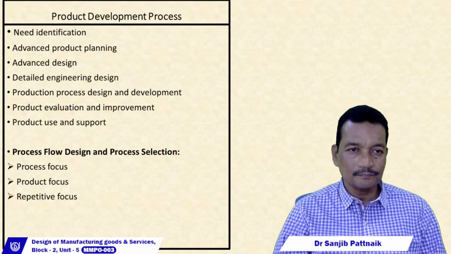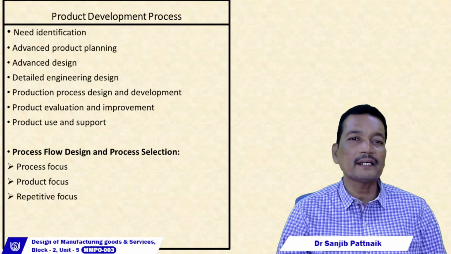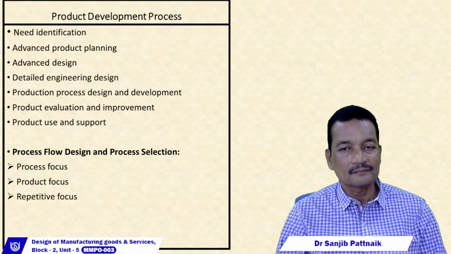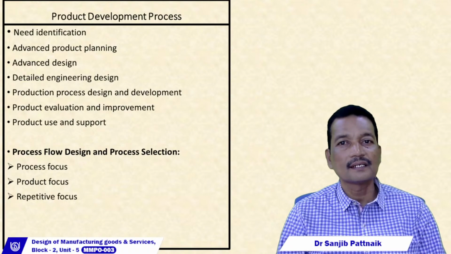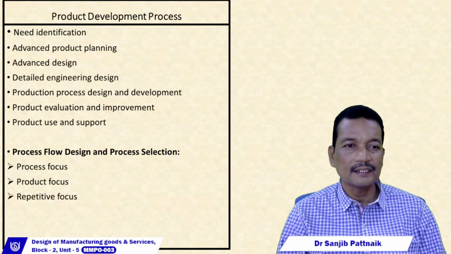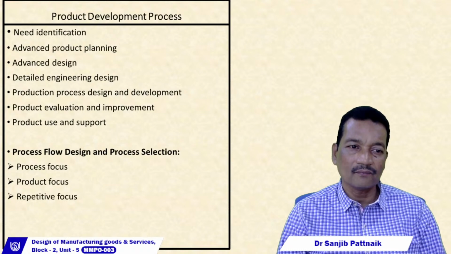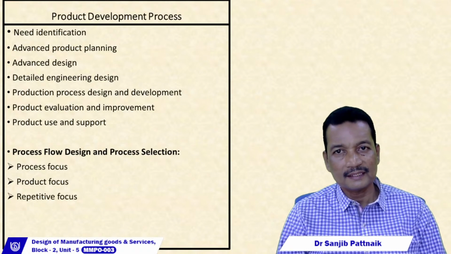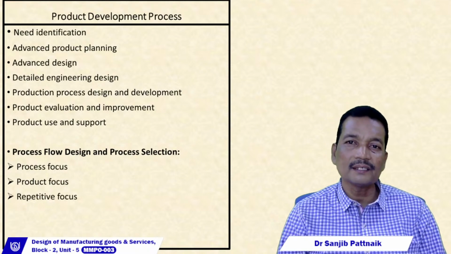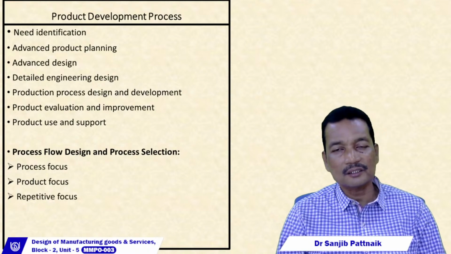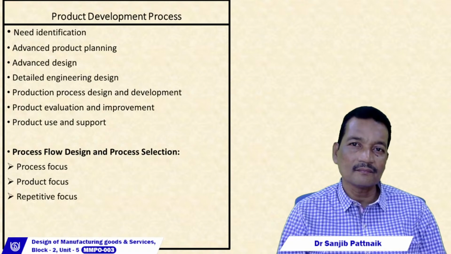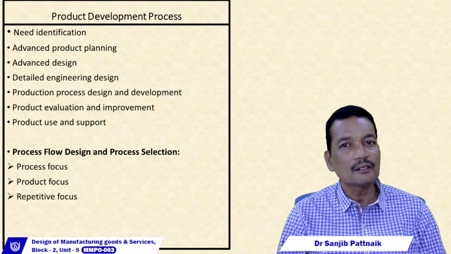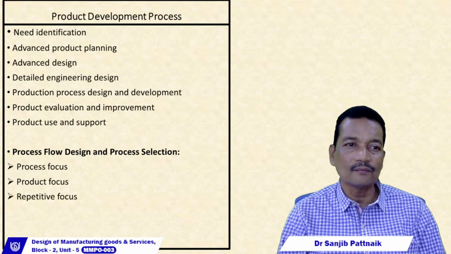Now, the product development process consists of these steps in an orderly manner. First is the need identification. That means we try to see what the customers are wanting now or will be wanting in the future.